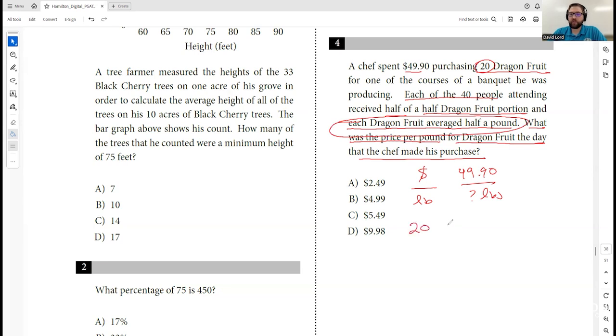So 20 times half would be 10 pounds. From here, we can say, oh, $49.90 divided by 10 is going to have a cost per pound of $4.99, which is a great price for dragon fruits. And that's why the answer is B.